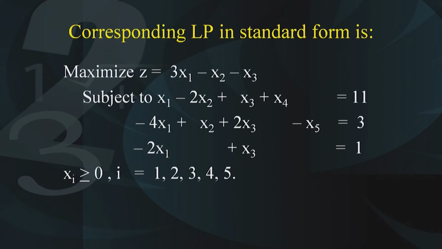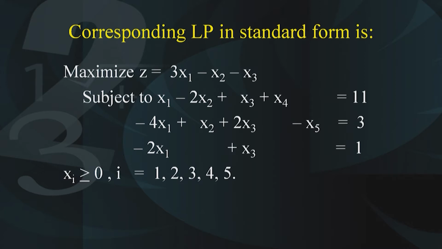Now, coming to the second constraint, since it was of the greater than or equal to type, we have to subtract a surplus variable, and the equation becomes minus 4x1 plus x2 plus 2x3 minus x5 is equal to 3.